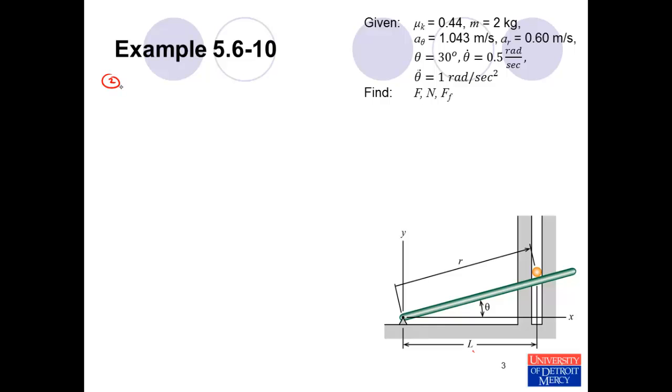So the second step is to find the forces, specifically these three forces. I've repeated everything that we're given in the problem, as well as the accelerations that we just calculated. In order to use Newton's second law, we need to draw a free body diagram of the particle.